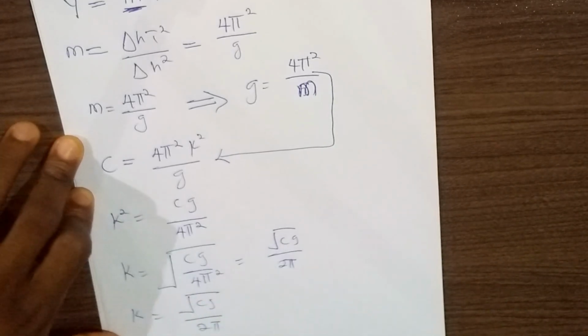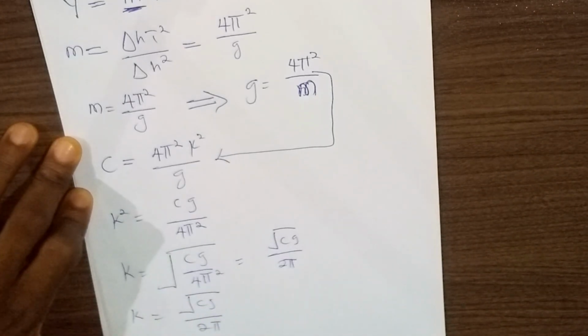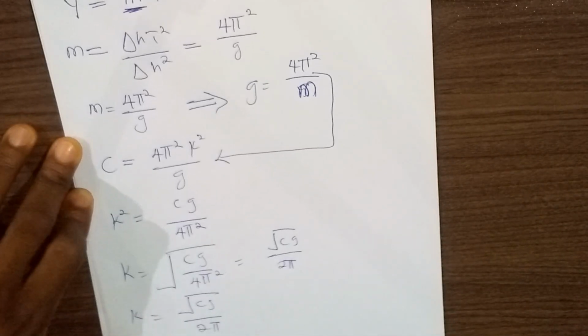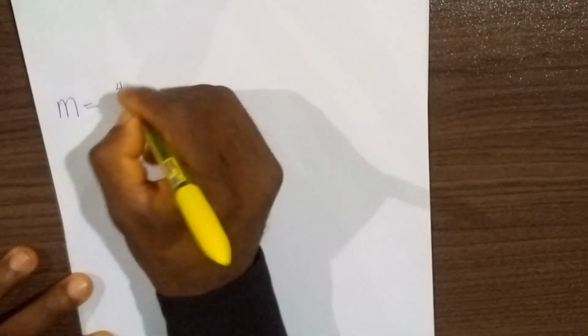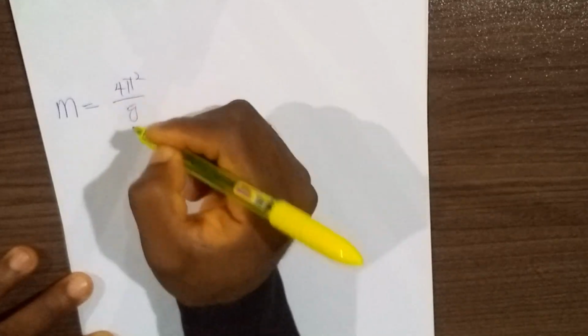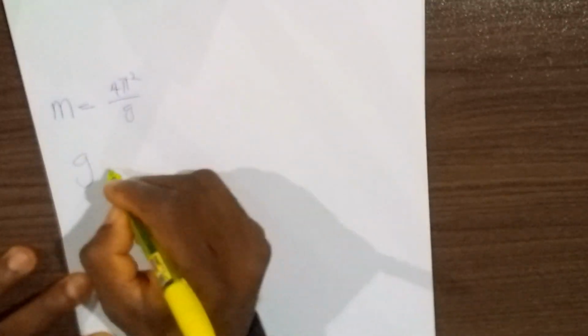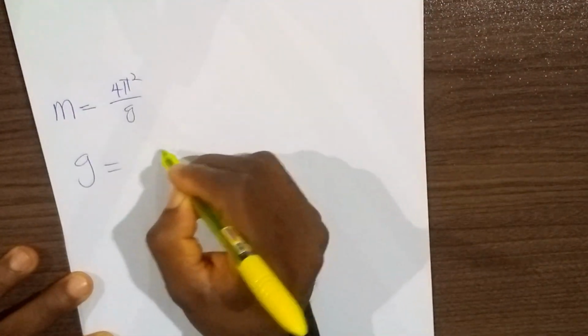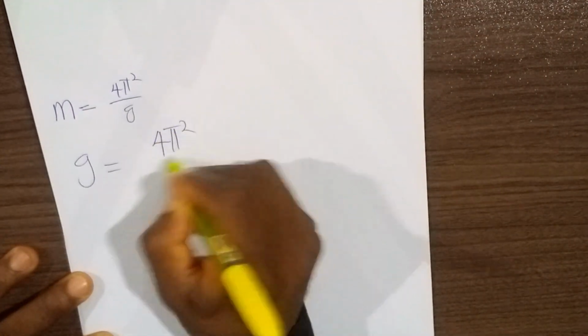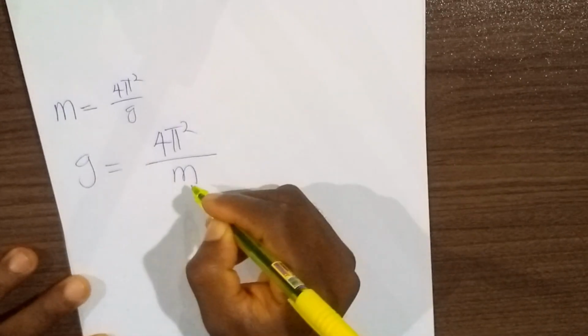Hence, from the formula, we have that our slope m is equal to 4 pi squared over g, and g, the acceleration due to gravity, is equal to 4 pi squared over m.